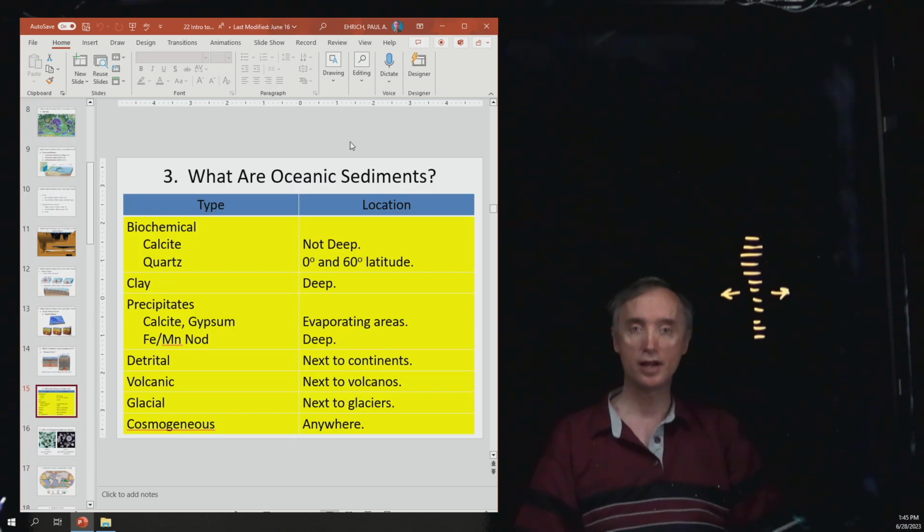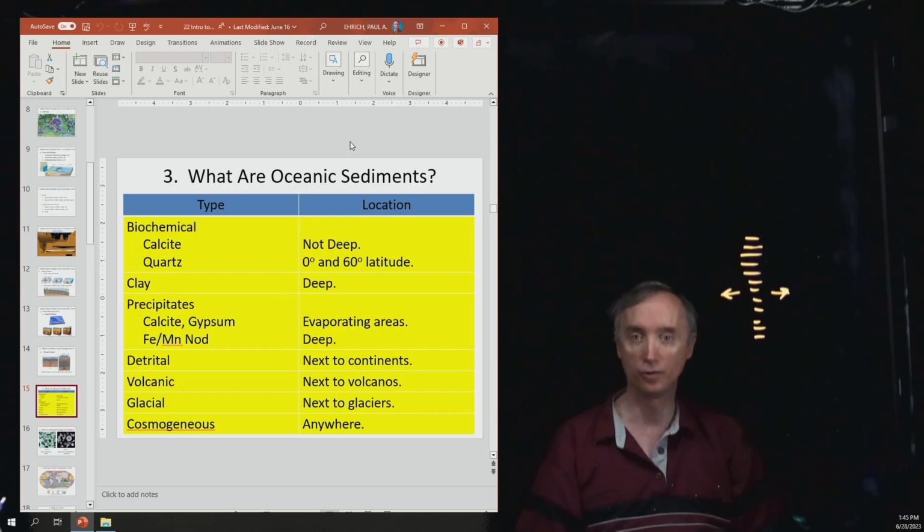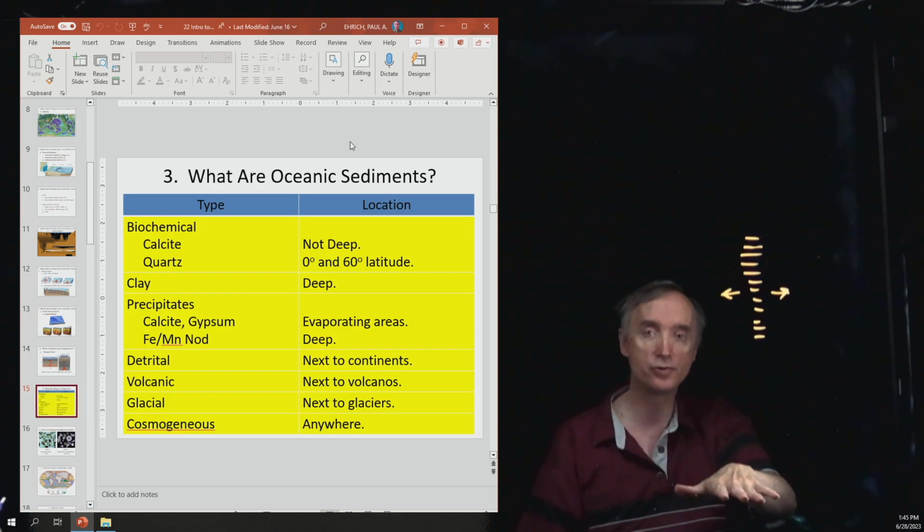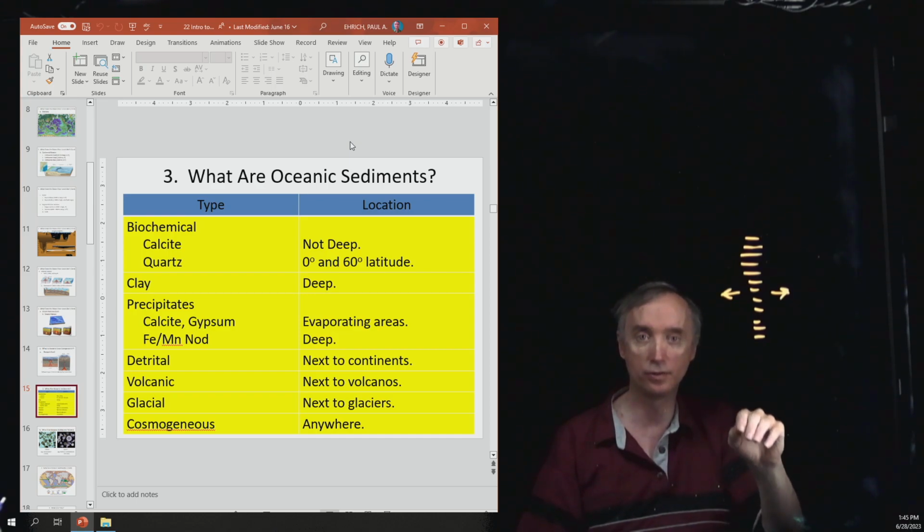So you should have an idea for some of the sediments that cover the ocean floor, so that you have biochemical sediments. So that bio means life. So this would be materials that animals pull out of the water. They use it to make their shells, and then when they die, those shells accumulate on the bottom of the ocean floor as biochemical sediments.